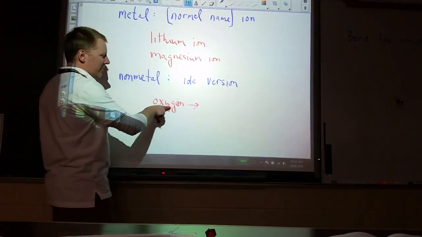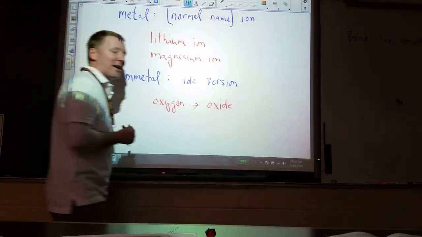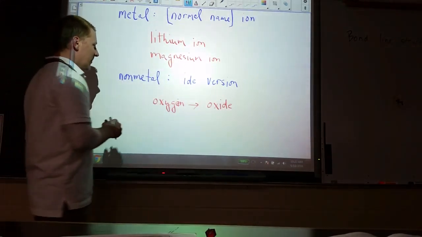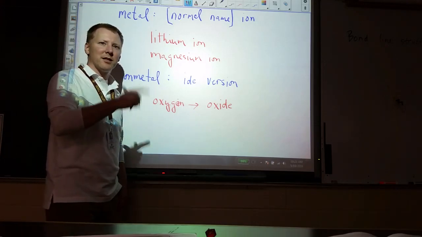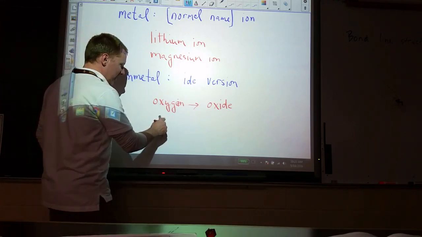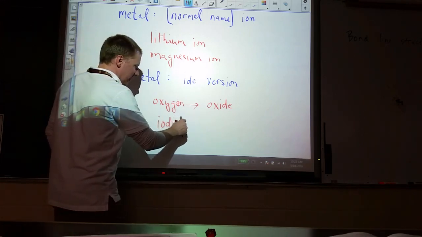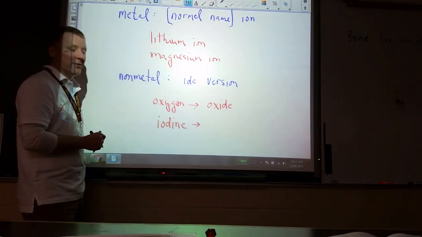Oxide. So we go to the second group, cross it off, it becomes oxide. Oxide ion. Just oxide is enough. It is okay to also say oxide ion. I'll have to double check with the homework to see if it would accept both. And then our other one was iodine, becomes iodide. Yep.